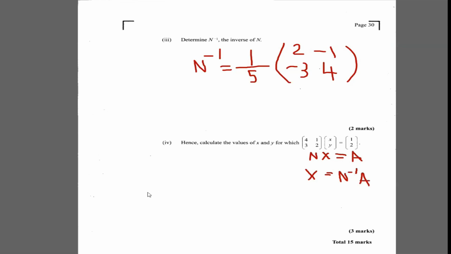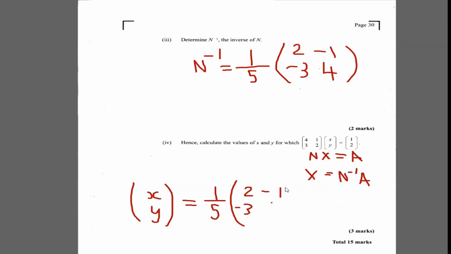That is telling us that (x, y) is equal to 1 over the determinant, which is 1 over 5, multiplied by 2, negative 1, negative 3, 4, multiplied by A, and this matrix is 1, 2. So this is what we're going to work out.